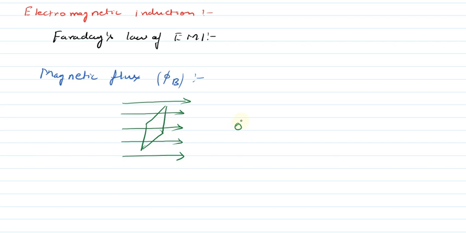So we can say the magnetic flux is equal to 3. And if we increase the strength of the magnetic field, the density of the magnetic field lines will also increase. It means that the magnetic field lines become closer to each other.